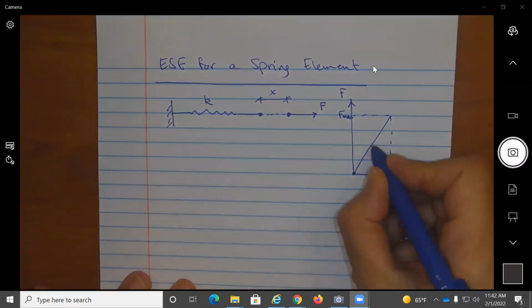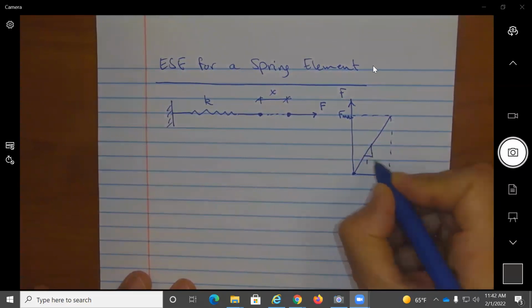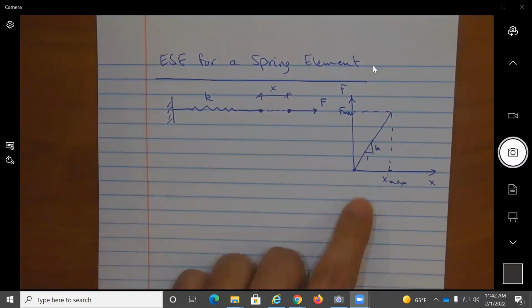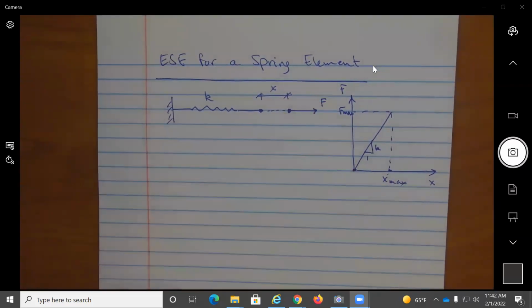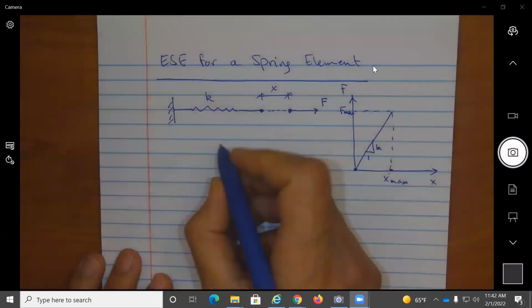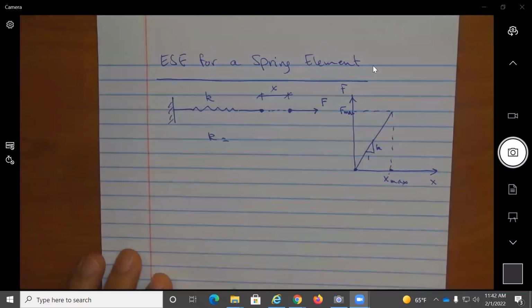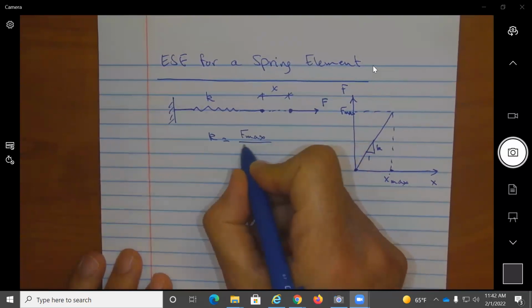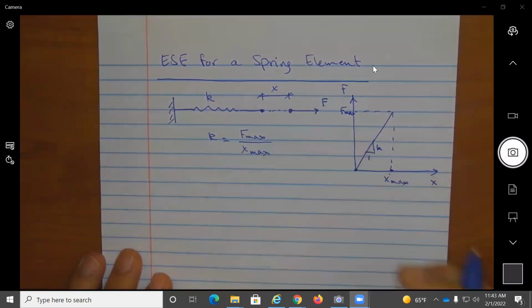Now the slope of this curve is K. Now if I know X max at F max, we can say that K is equal to F max divided by X max.